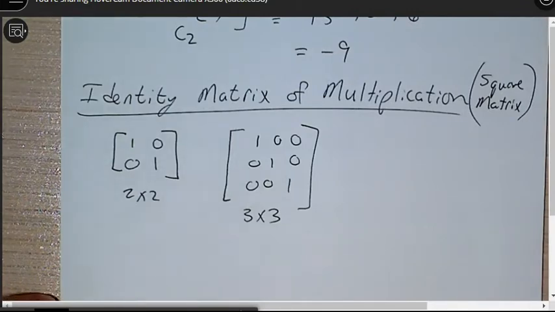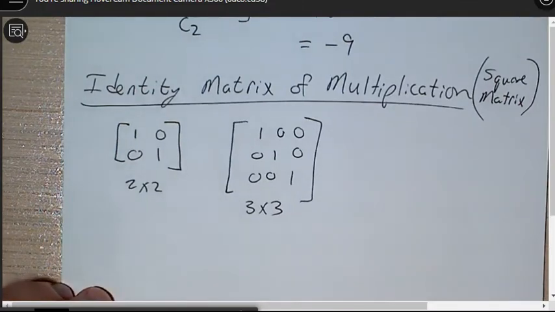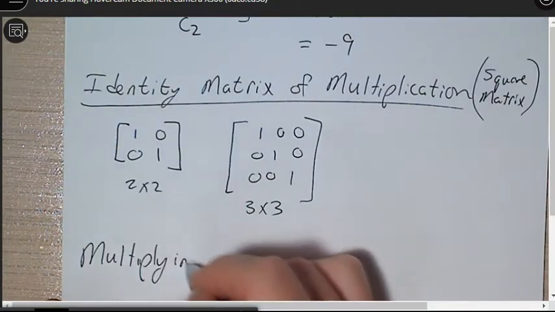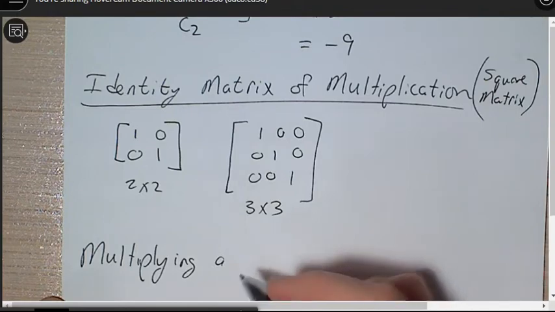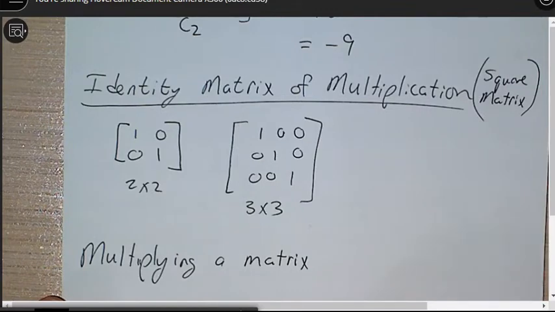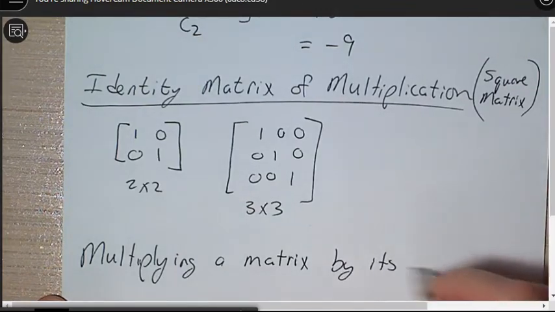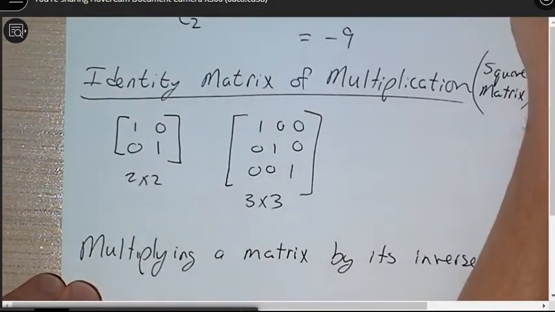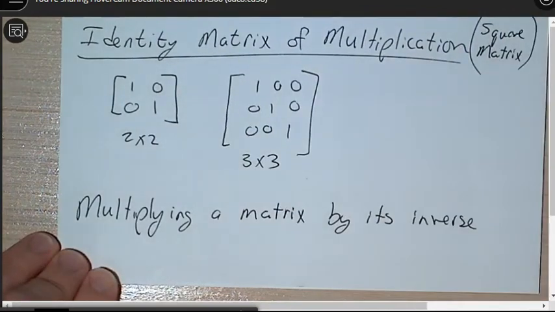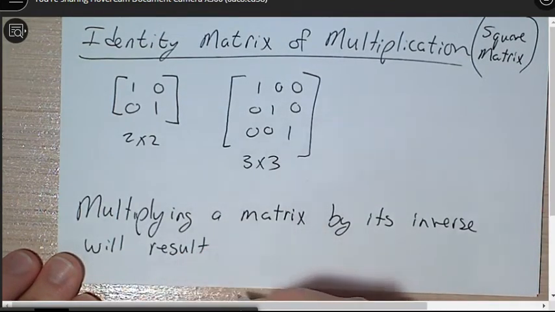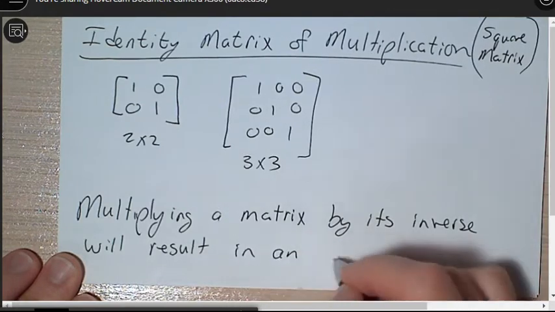Now here's where they're going to add in the next part. If you take a matrix and multiply it by its inverse, multiplying a matrix by its inverse will result in an identity matrix.